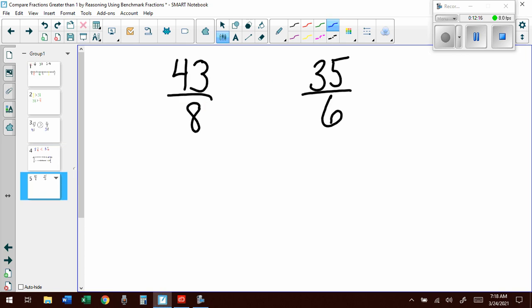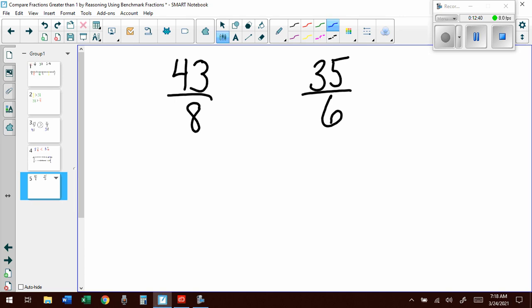Now looking at 43/8 and 35/6. We're going to change these into mixed numbers because just by looking at them, you can't really tell which one gets us there.